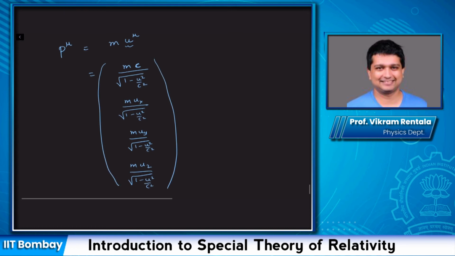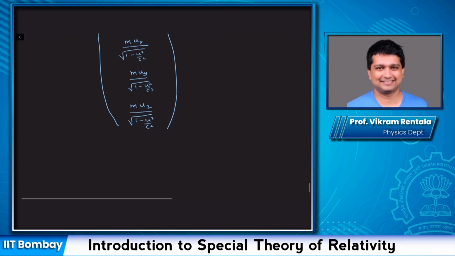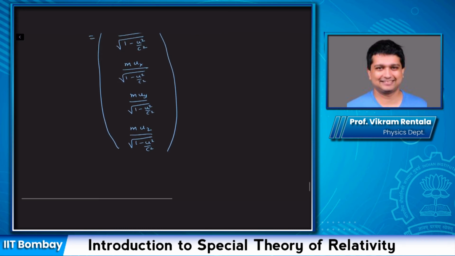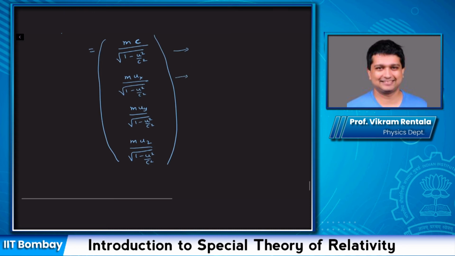So this is what we mean by the momentum 4 vector. These are the components of the momentum 4 vector. So what Newton's second law is telling us is, in the absence of external forces, each of these quantities is conserved.